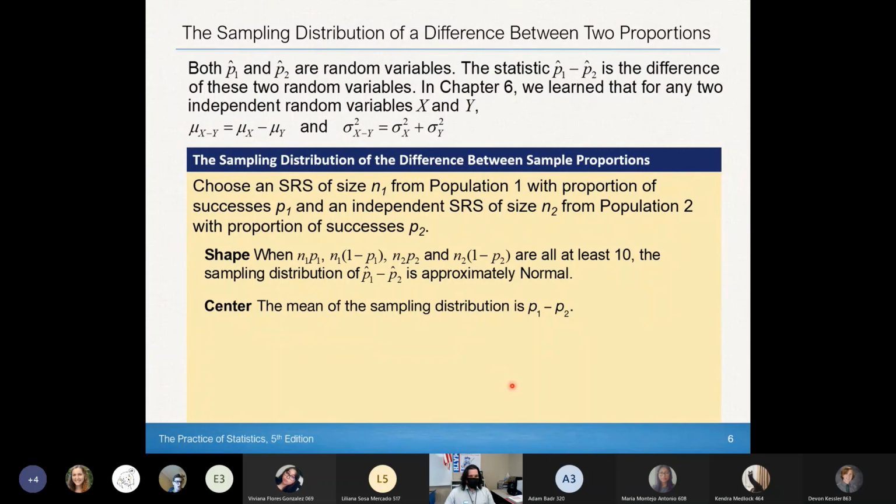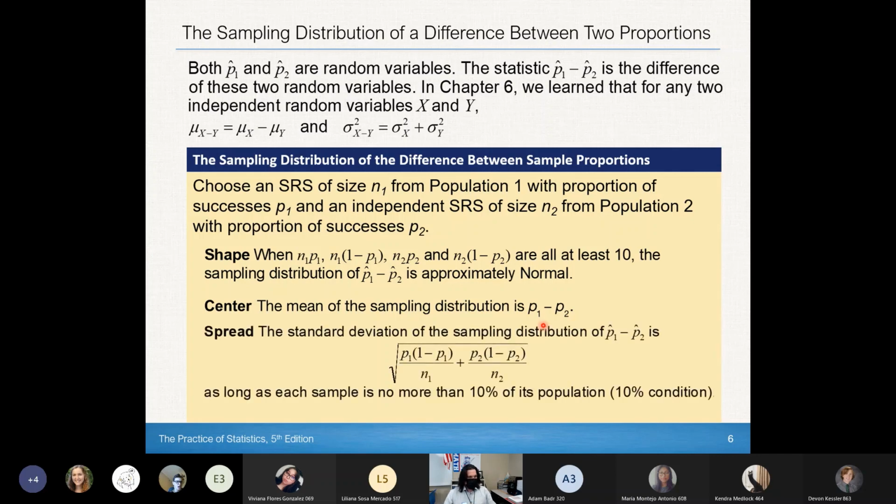Because of what we learned in chapter 6 with our random variables, and again in chapter 7 with our sampling distributions, the mean of the sampling distribution, if we have a good estimator, should be the same as the population proportion, which is why we get p1 minus p2. And then finally the spread.